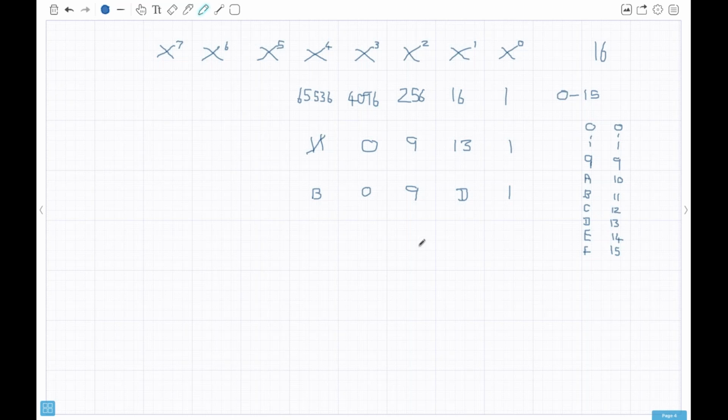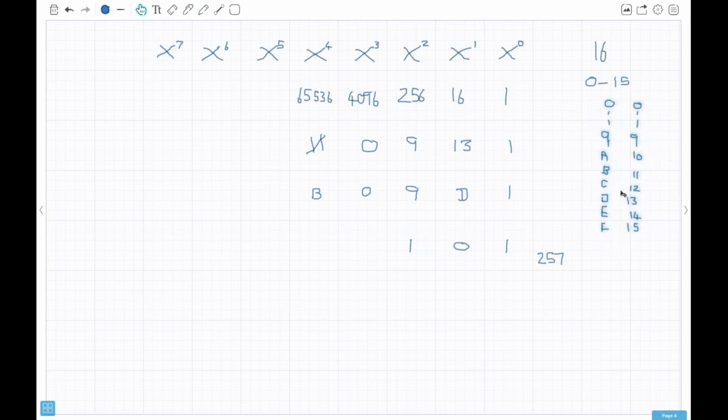So if we have 101 in hexadecimal, that's going to be 1 256, 0 16s, 1 1. That represents simply 257. I'm going to move these up a little bit, just to maximize my real estate here.